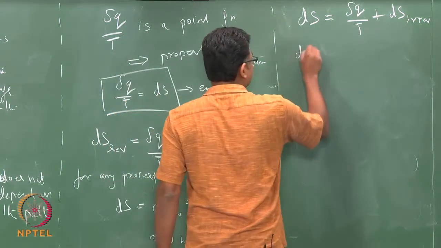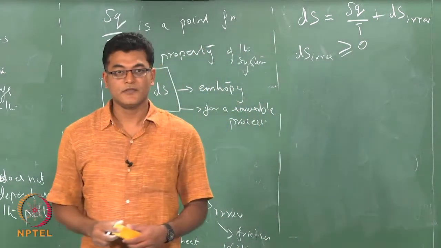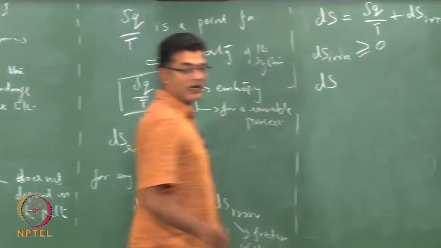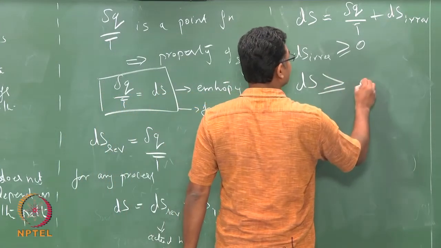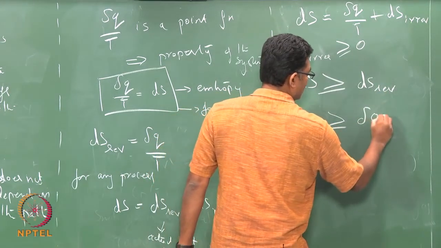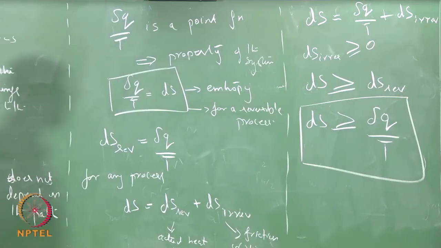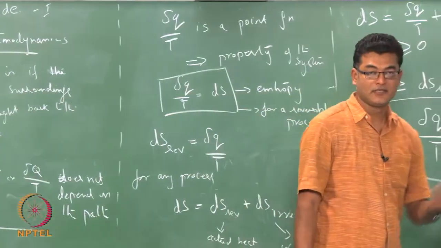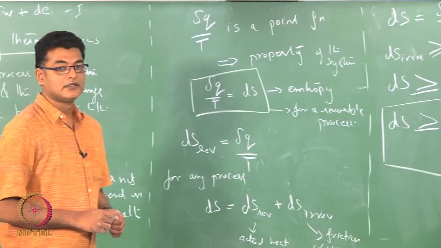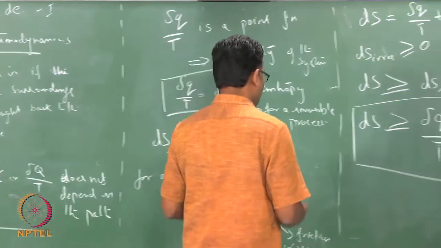So dS irreversible is always greater than 0, which essentially means that the total entropy change is always greater than dS reversible, or dS is always greater than delta q by T. And this is the so-called Clausius inequality.